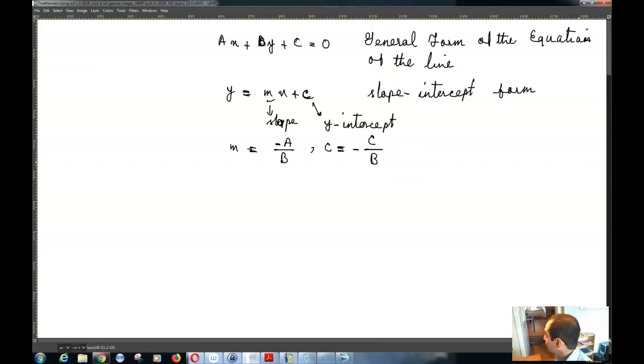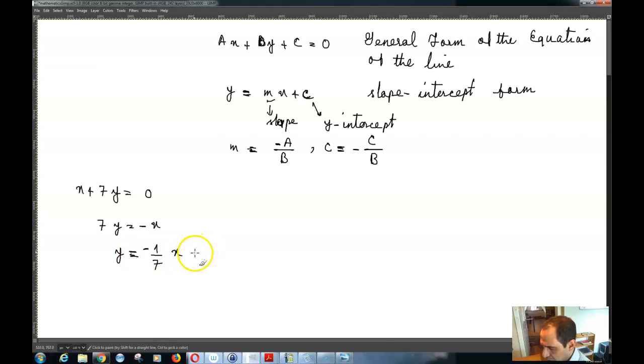So basically, for example, let's say that you have x plus 7y is equal to 0. If you want to write this in slope-intercept form, you can write it as 7y is equal to negative x, and then divide by 7, you will get y is equal to negative 1/7 times x.